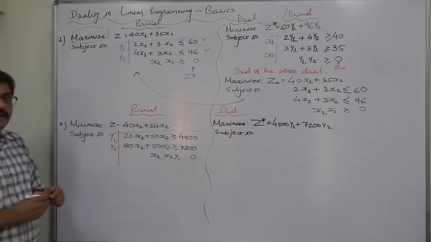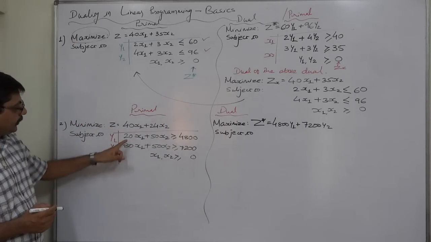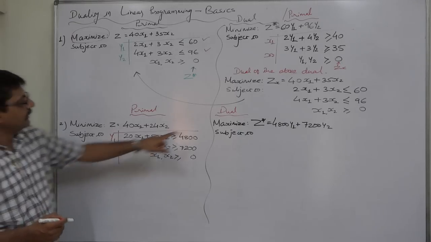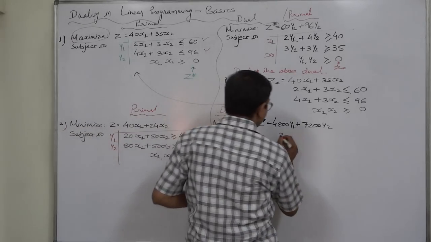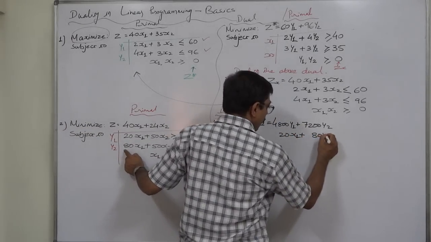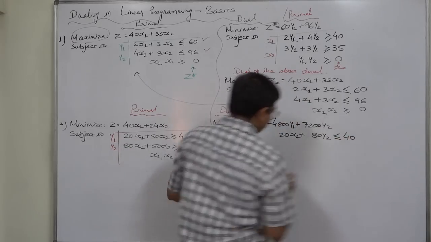Now the first constraint will be written on the basis of the column of x1 in the primal: 20 y1 plus 80 y2 less than or equal to 40.